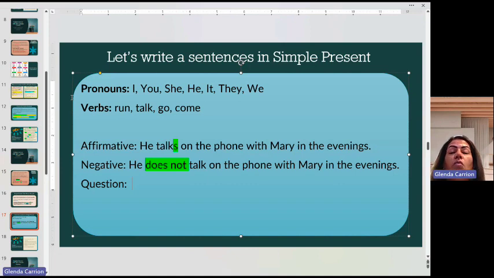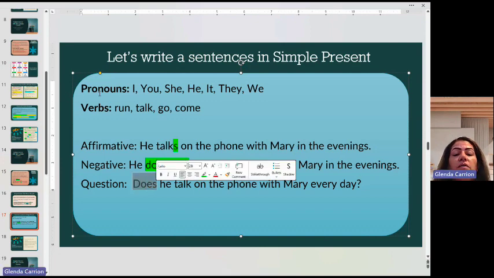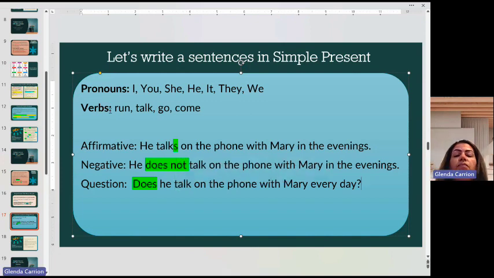Remember that we start the question with the auxiliary verb, but since the pronoun is he, we need to use does. Does he talk on the phone with Mary every day? Auxiliary verb does, and talk does not have an S. Okay?